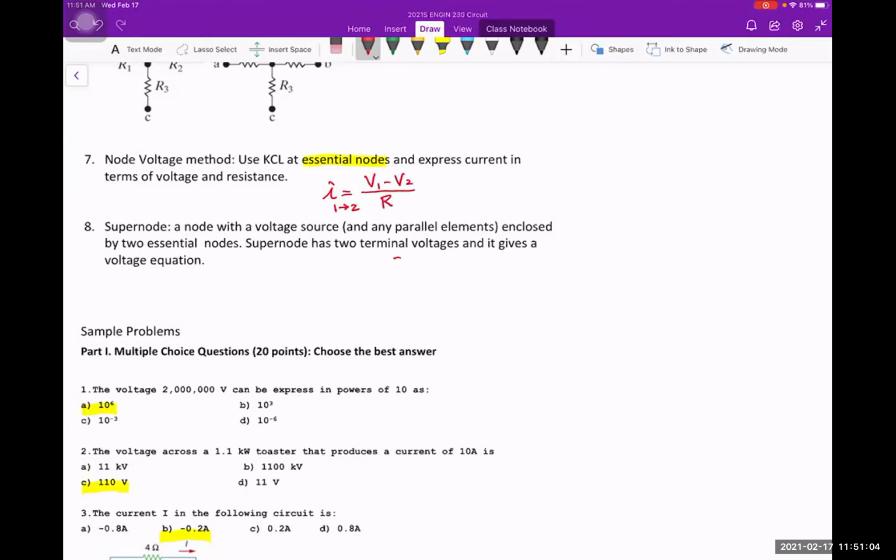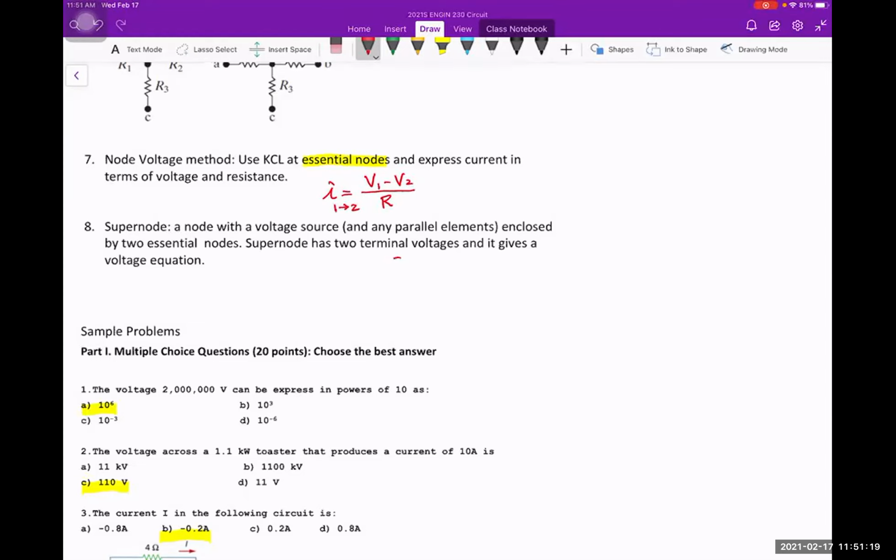Okay, so it's 1 minus 2 if the current flows from 1 to 2. The resistance is the resistance between node 1 and node 2.